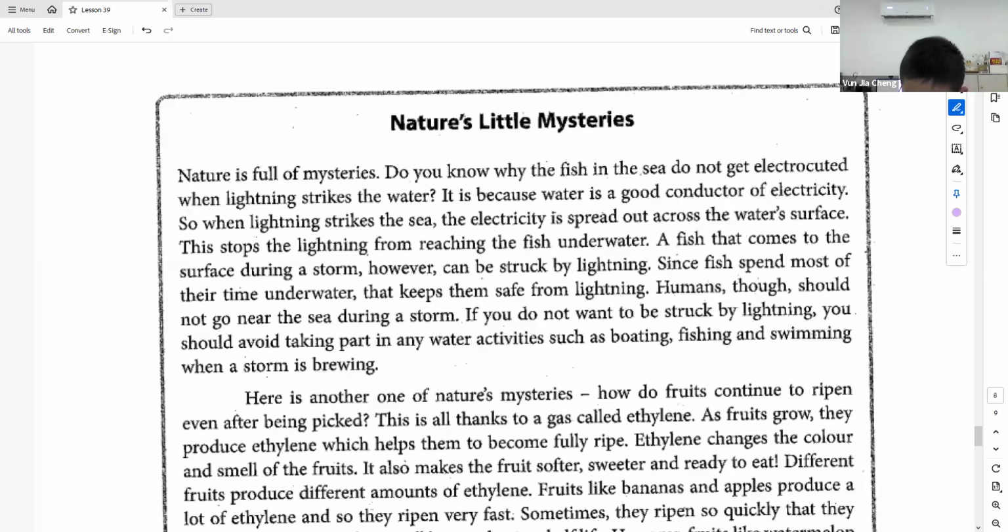Humans should not go near the sea during a storm. If you do not want to be struck by lightning, you should avoid taking part in any water activity such as boating, fishing, and swimming when a storm is brewing.